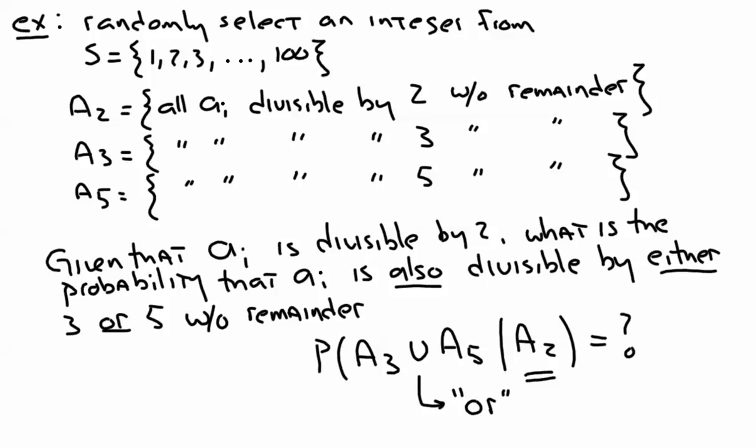You remember that the intersection represented the word and, a conjunction. It was both in A and B if it lay within the intersection. The union operation represents an or. So this is the question that we want to answer: the probability that the integer I select, little a sub i, lies within A3 or A5, given that it is also divisible by 2 without remainder.